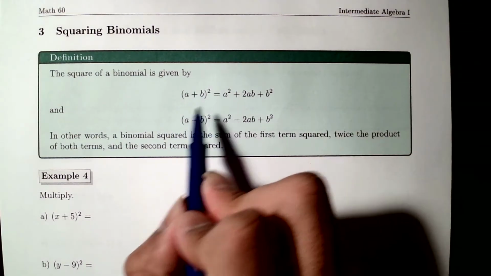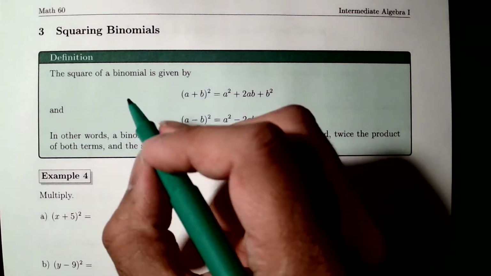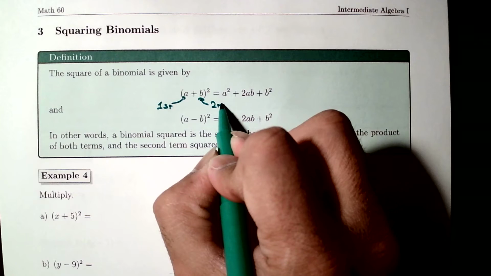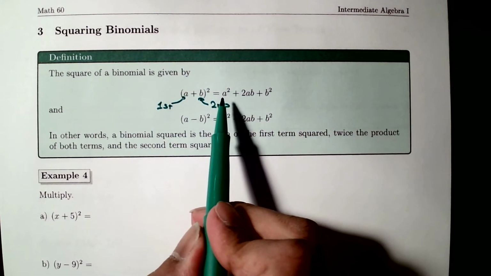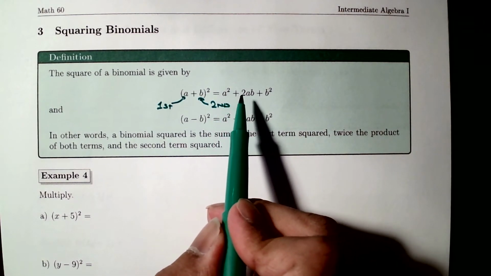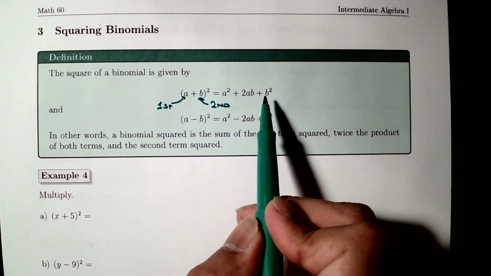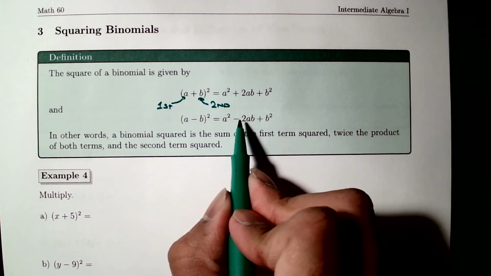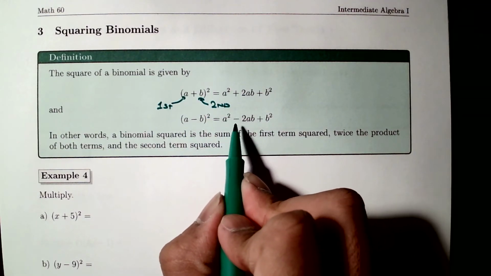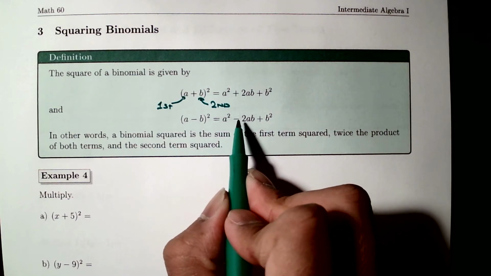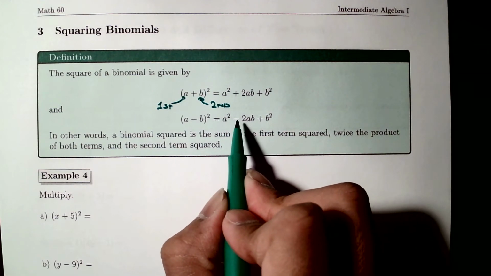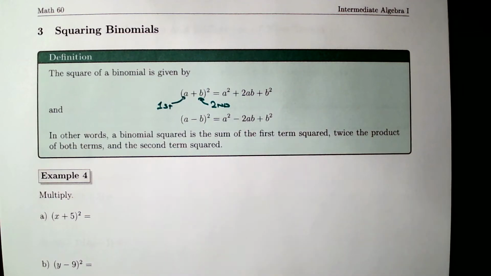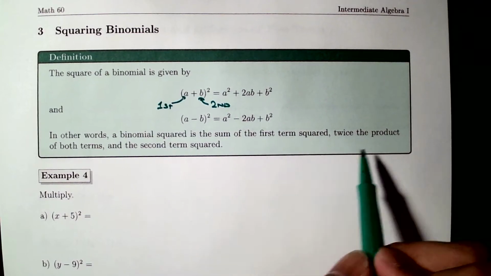If you want to label, this is the first term and this is the second term. So what we do is square of the first term plus twice the product of the first and the second plus the square of the second term. And in a very similar way, when we have the difference, all that changes is the sign of the middle term. A squared minus twice the product of the first and the second, and then plus the square of the second term.